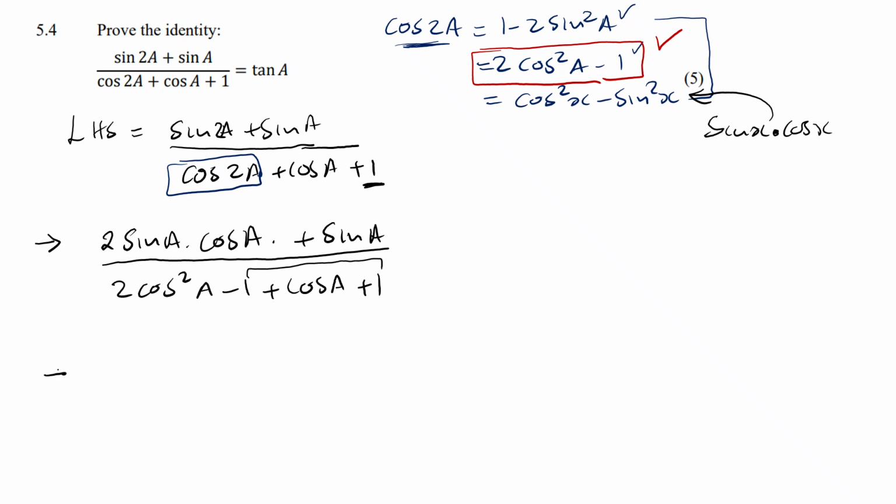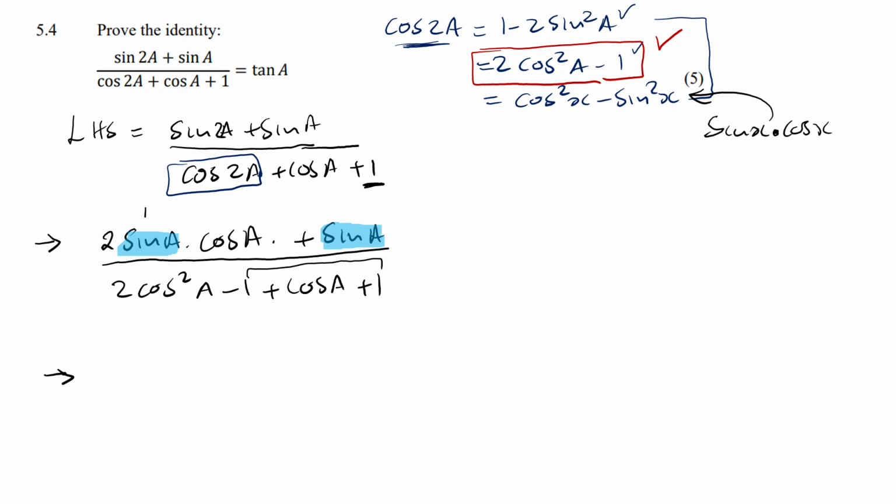If I go back on top, can I take out a common factor? Yes. On the top part I have sin a and also sin a here, so I can take out sin a as a common factor. Remember, when you take out the common factor, you replace it with 1.